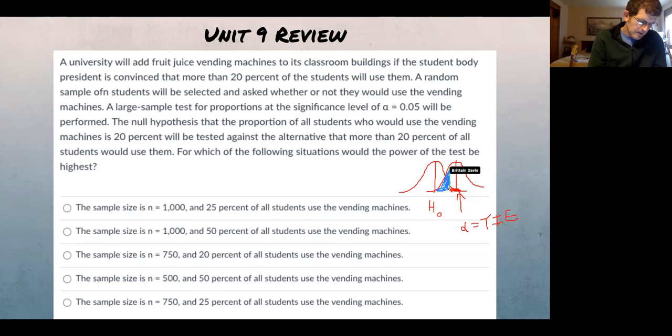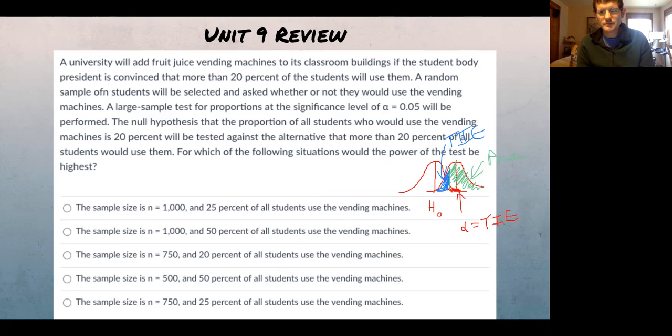And we fail to reject the null hypothesis when we should have. This is type 2 error. So we don't reject the null hypothesis even though we should have. And then we could end up in this region right here, which is we reject the null hypothesis and we should have. And this is the power of the test.